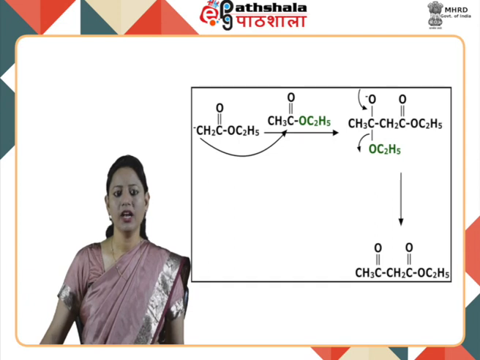This carbanion can add to another ester molecule. The resulting anionic species gives a beta ketoester by loss of an alkoxide anion. So, Claisen ester condensation giving ethyl acetoacetate from ethyl acetate also involves formation of carbanion.